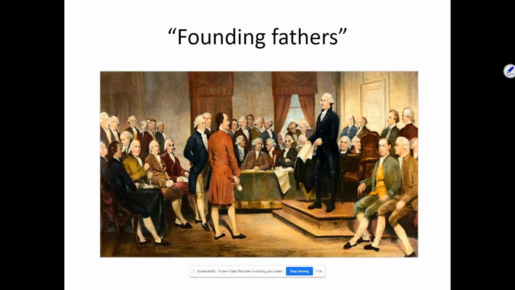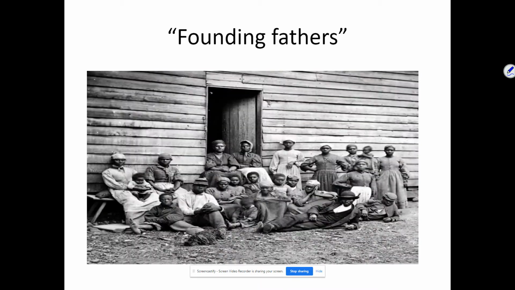And then fast forward even a couple hundred years later, and you think about incidents like the slave trade, which brought over a whole other subset of the population. And so you think about these small groups of population, and obviously Europeans that came over and the individuals that came over through the slave trade.